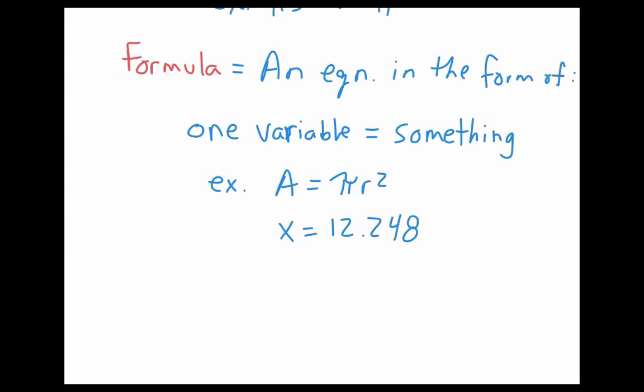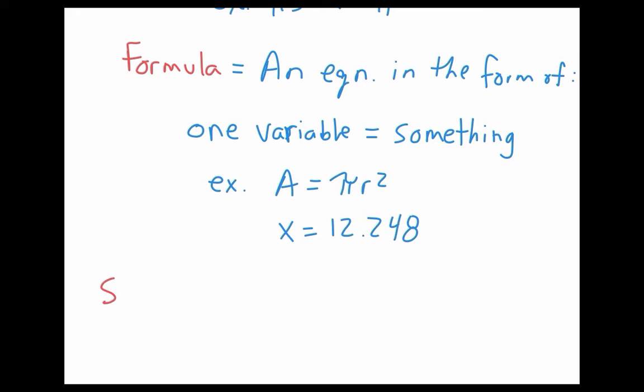If we're putting numbers into a formula, so if you go back up to A equals pi r squared, if we wanted to find the area of a circle, we'd put in the radius of the circle. If we knew the radius was 4, we'd put a 4 in right there. Do you guys know the official math term for putting a number in for a variable? Substitution.